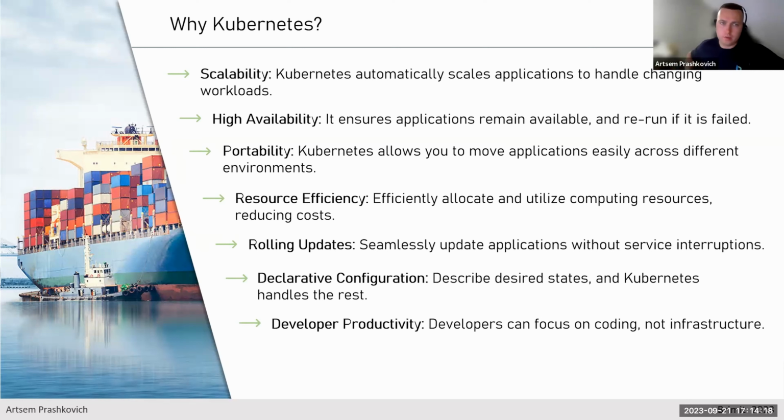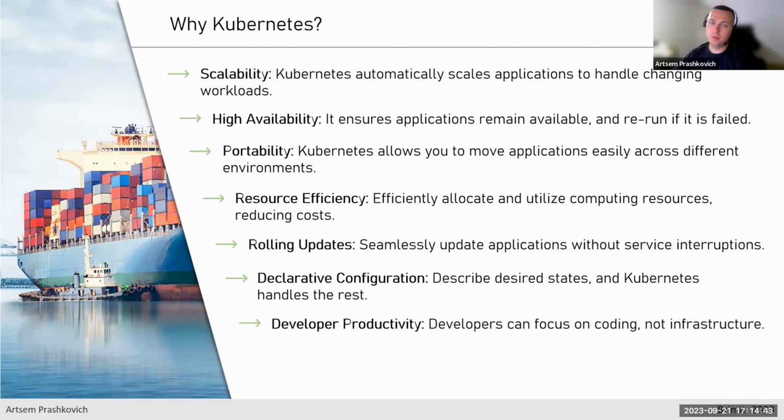High availability is something that Kubernetes does very well as well. Kubernetes always tracks the state of the pods that you run, your application, let's say, and if something goes wrong with that, it will be rerun and it tries to make it work again.